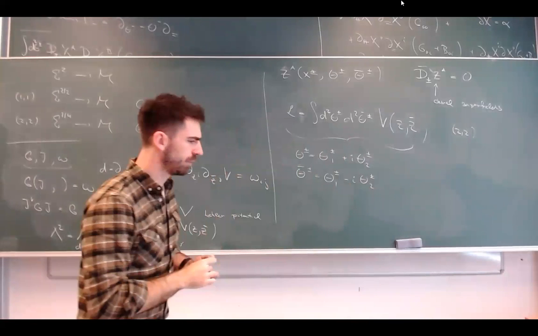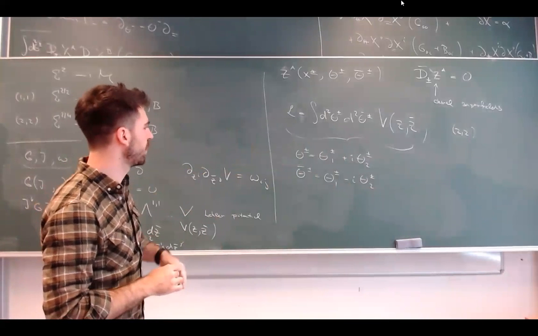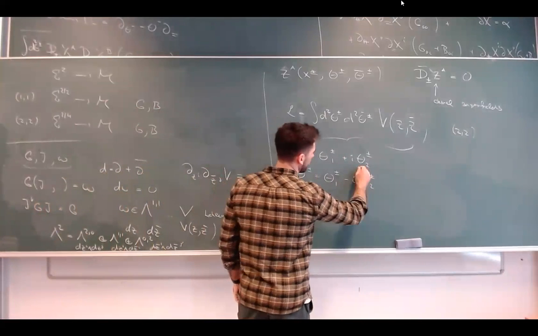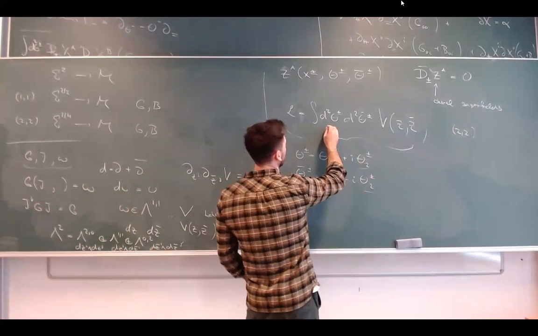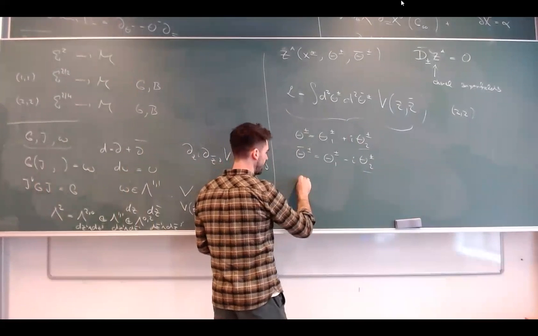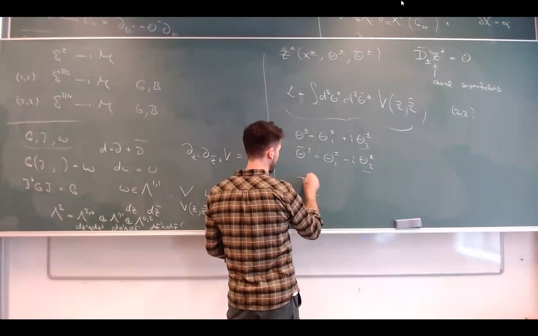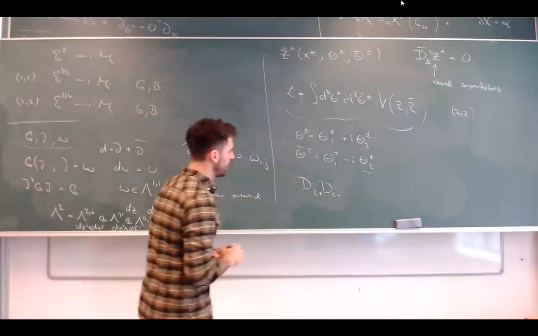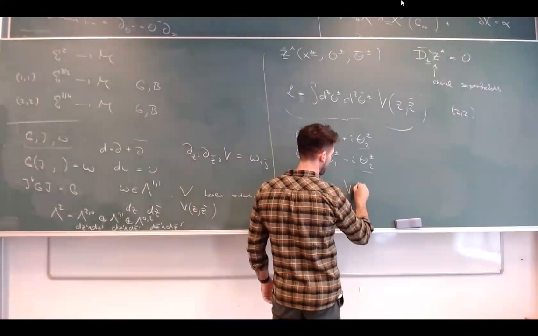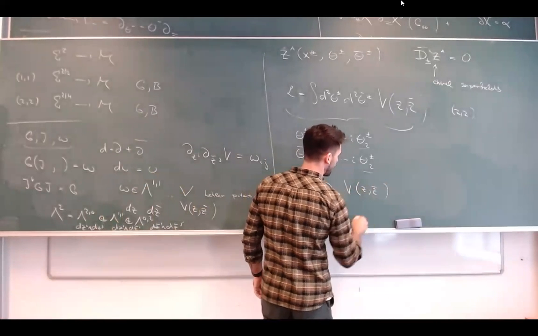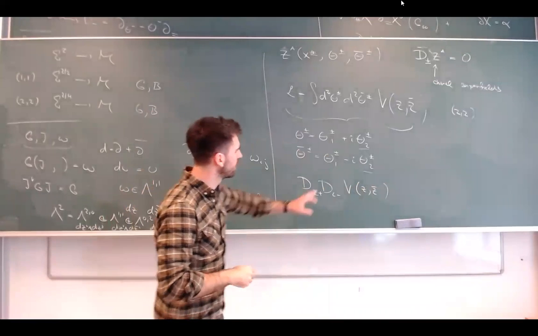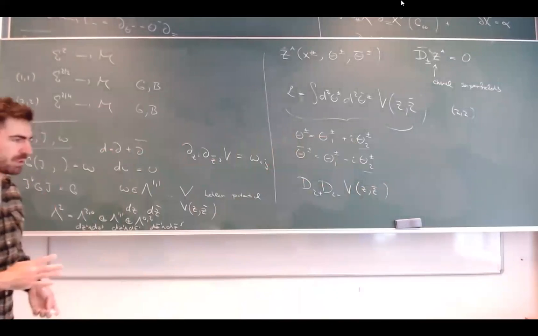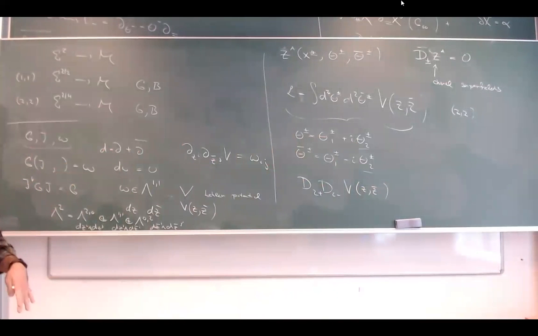I can split my Fermionic coordinates into real and imaginary part, and I can integrate out these theta guys, meaning that I hit this Lagrangian with the D plus, and this way I will eliminate these two guys and keep just theta 1 plus minus in the picture, and I will reduce from 2,2 to 1,1 superspace.